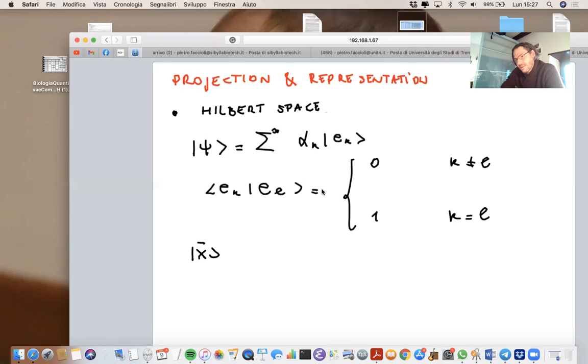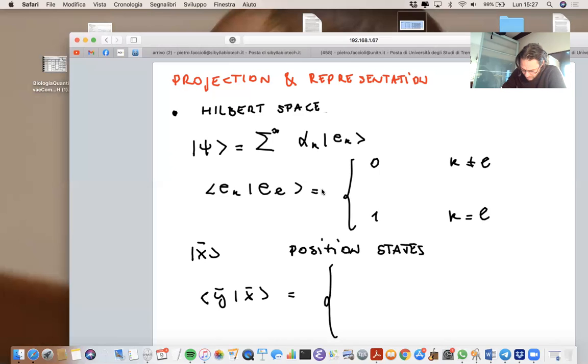These are called position states. And of course, there is one vector state for every point in space. Now, unlike integer points, points in space can be arbitrarily close. So how do you define the inner product between position states, where this is going to be 0 if x is not equal to y?